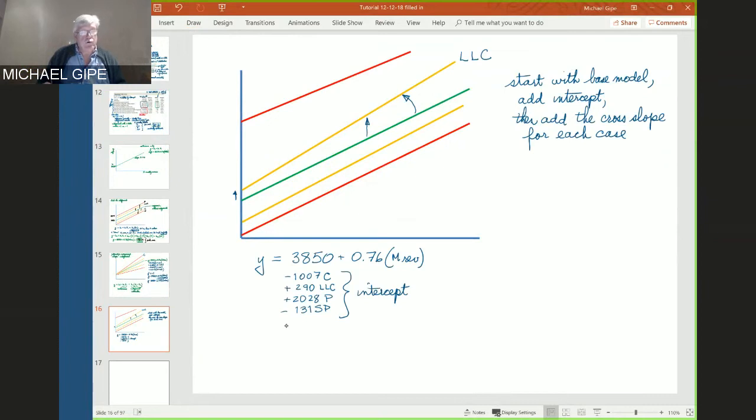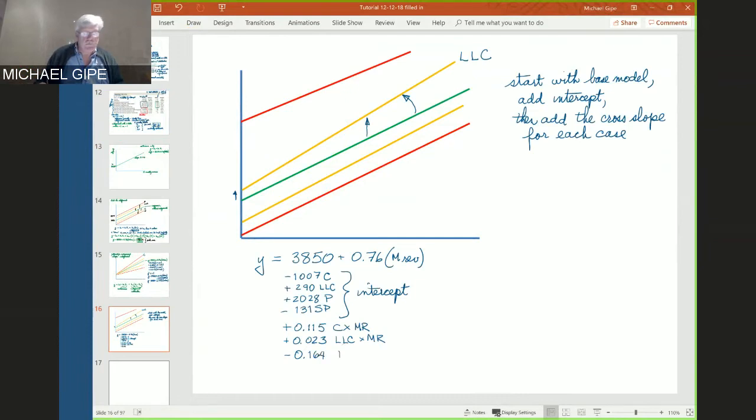And then we have the cross or slope or interaction terms: plus 0.115 times C times monthly revenues, or plus 0.023 times LLC times monthly revenues. And so C and LLC are 1 or 0, so you're either adding or not adding.